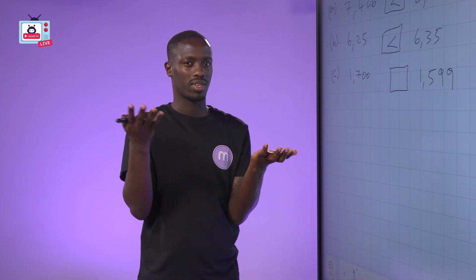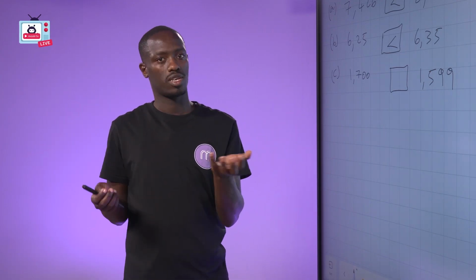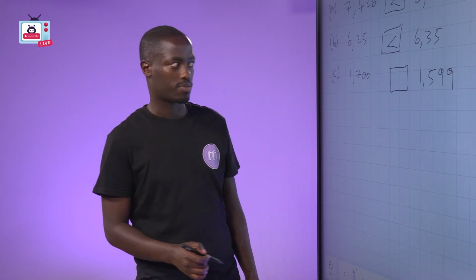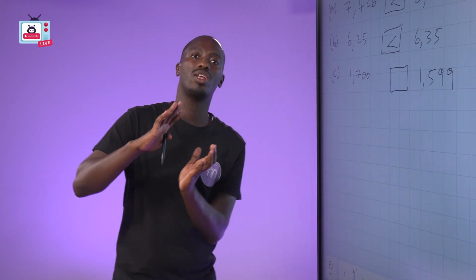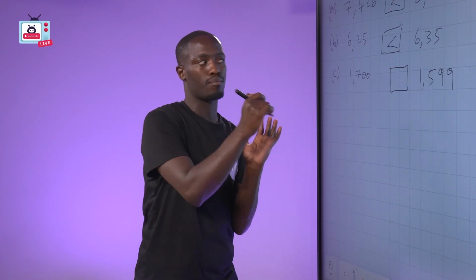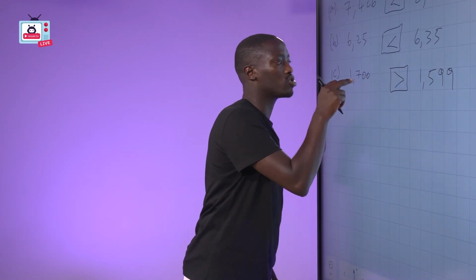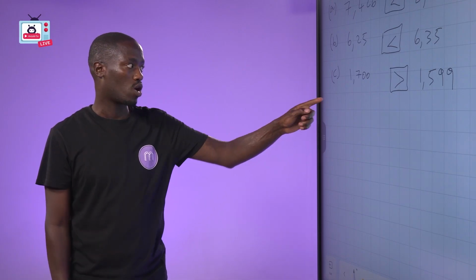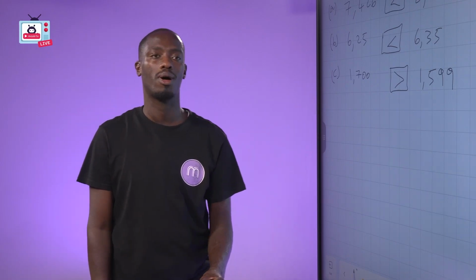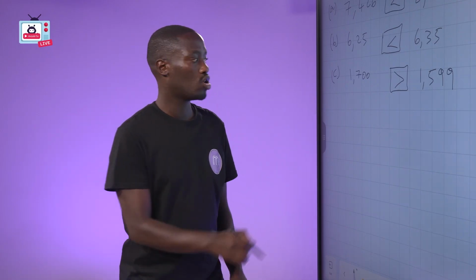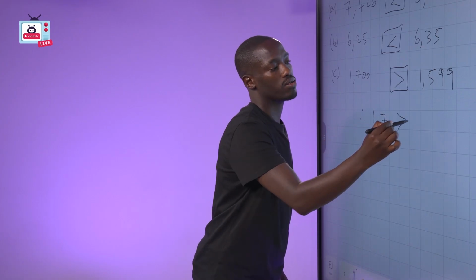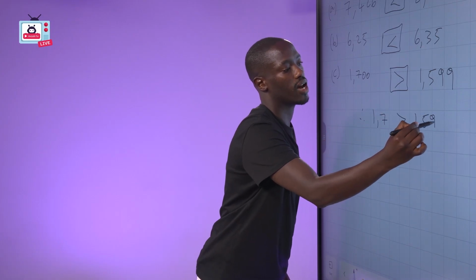Obviously, 1,700 is greater than 1,500 and something. So that means my inequality will be opening to the bigger number, which is 1,700. So that means 1,7 is greater than 1,599.